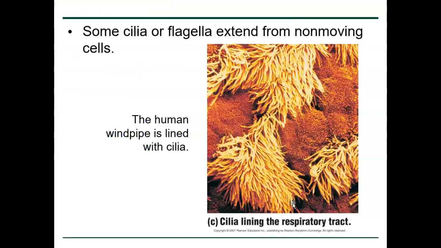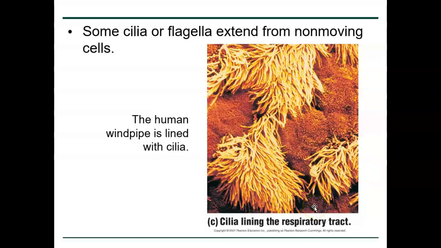This is the human windpipe. It is lined with cilia. The female reproductive tract also has some cilia. So if you are a smoker, I hope you are not, but smoking will actually kill these things. They just say, forget it. This is too much. I can't do this anymore.